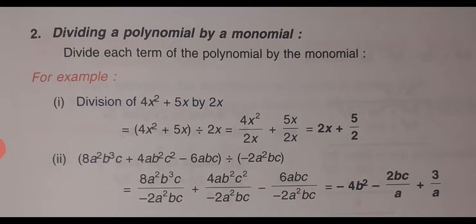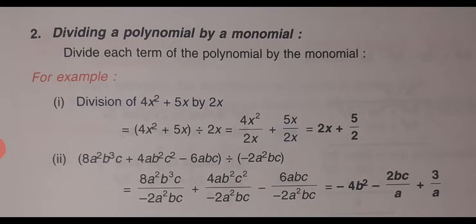Similarly, 4ab square c square divided by minus 2a square bc is equal to minus 2bc by a, and minus 6abc divided by minus 2a square bc will give plus 3 by a.